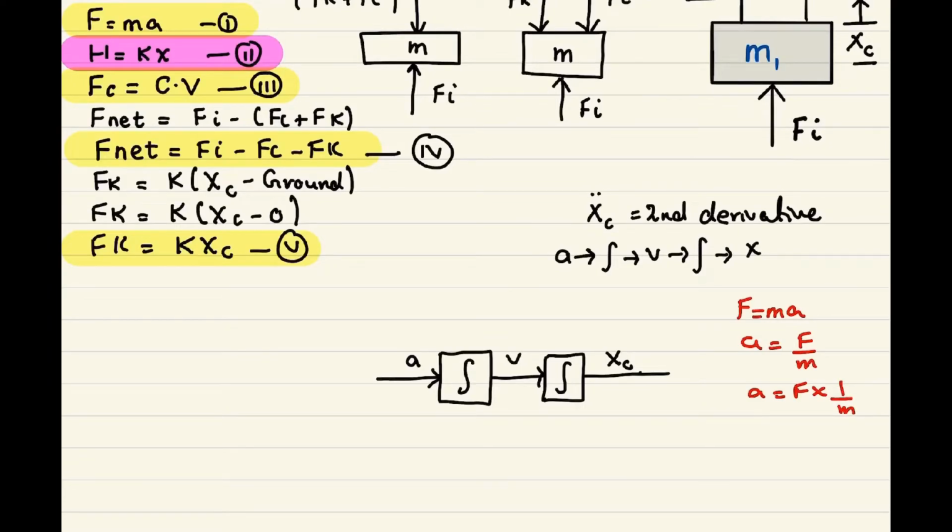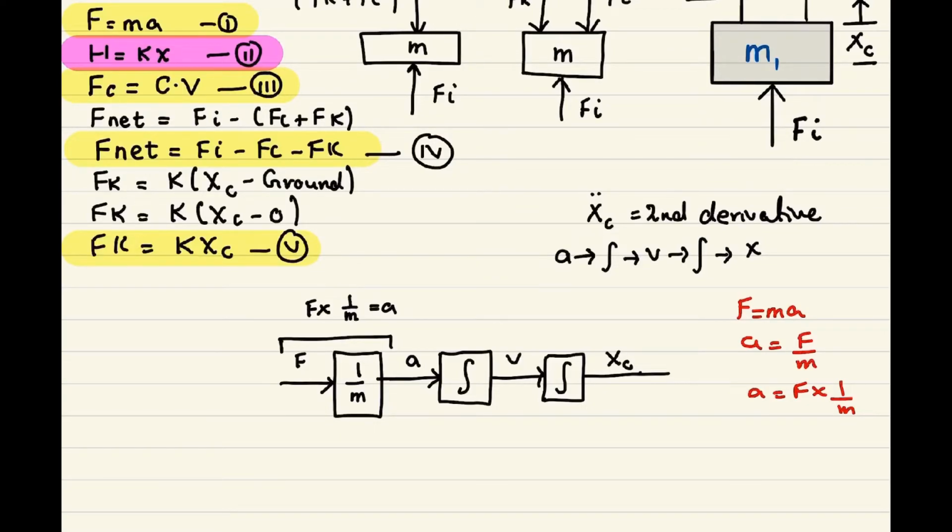So a is showing here the resultant, so we're going to multiply 1 over m with the force, so we'll have this a. That block is actually representing f times 1 over m equals a. I hope this cleared the point here.